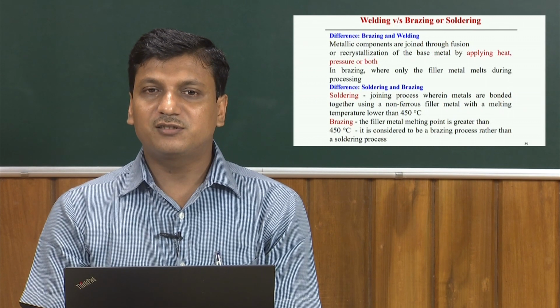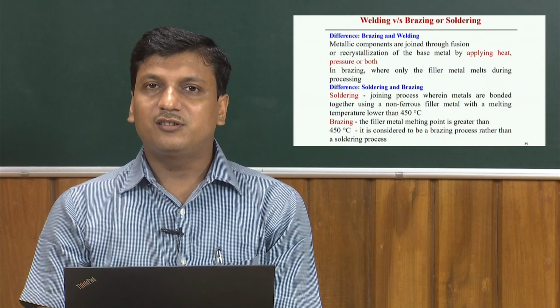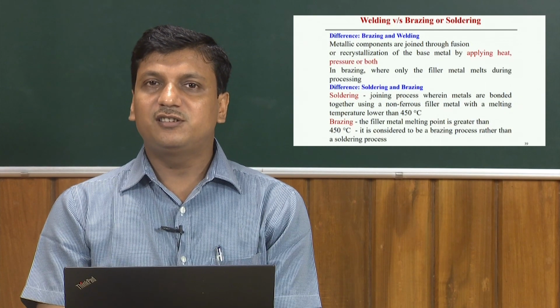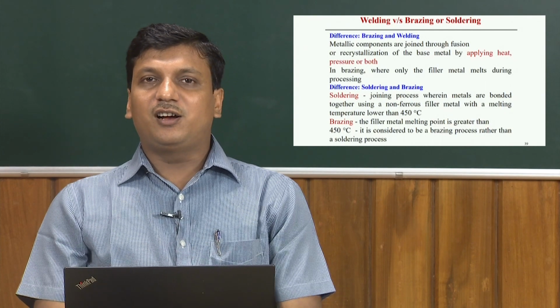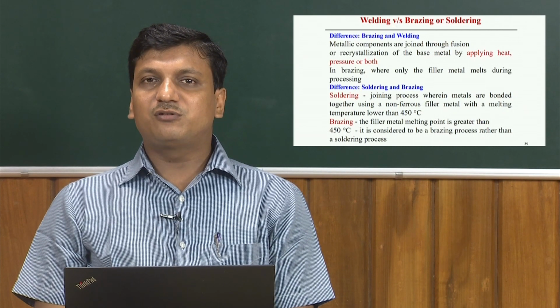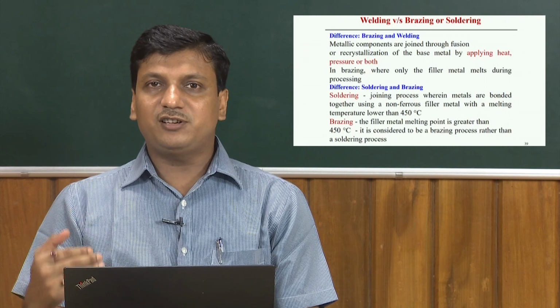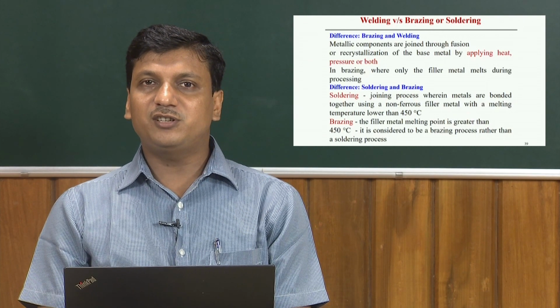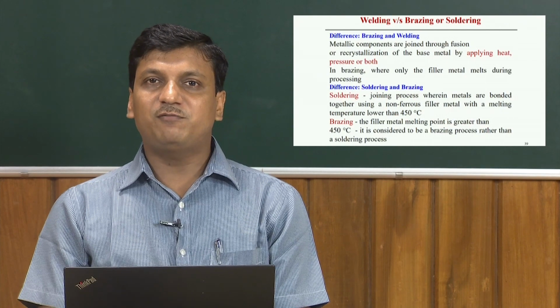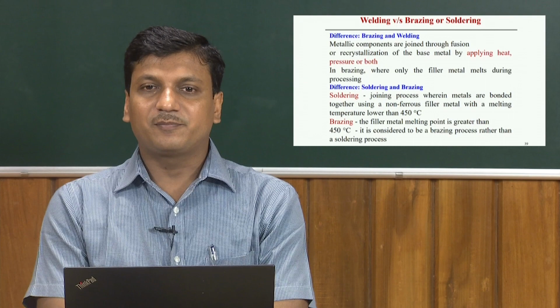In one case it is below 450 degree centigrade, in the other case above 450 degree centigrade. That is the temperature boundary that differentiates soldering and brazing, and the applied filler material should be different in these cases.